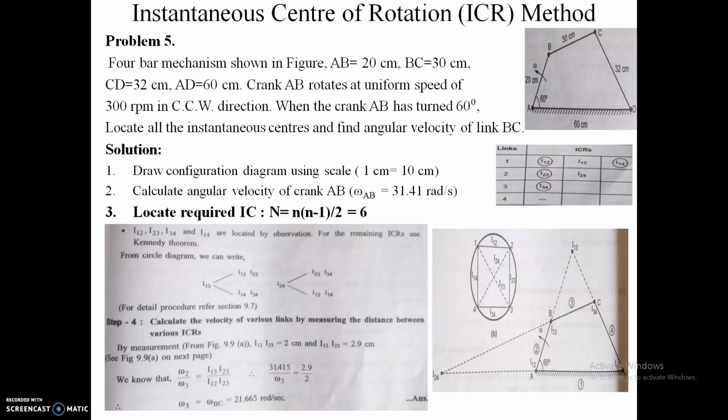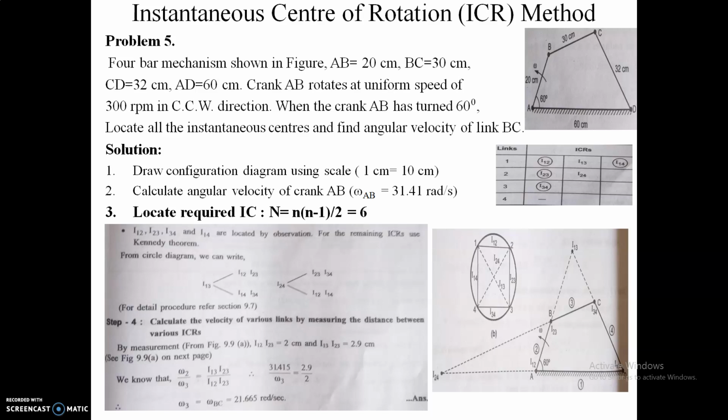Again I make a circle. But I13 and I24 are unknown. These remaining two ICs, IC13 and IC24, it is possible to determine with the help of Kennedy's theorem. For that you have to draw a small circle.